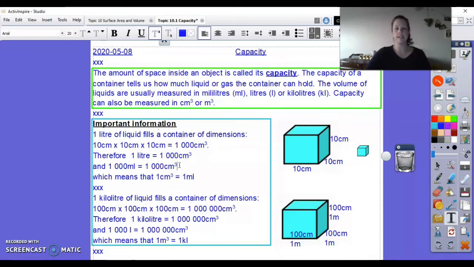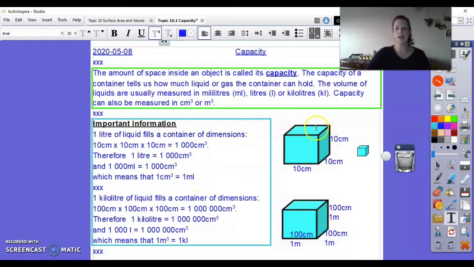If I write it in its simplest form, I can cancel all the zeros. So 1, 2, 3 zeros. I cancel them out, and I'm left with 1 centimeter cubed is equal to 1 milliliter.